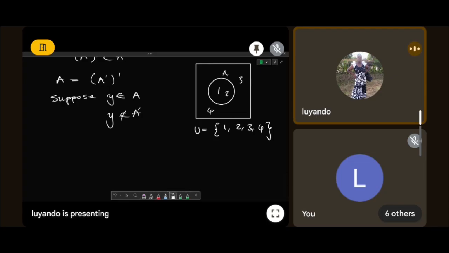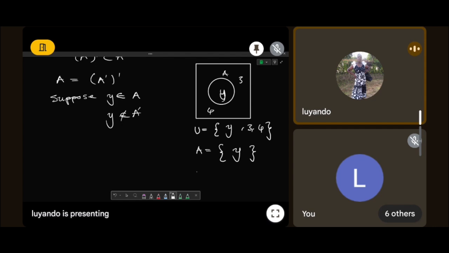We are saying that A has 1 and 2. Okay, no, let me replace 1 and 2 with y, just y, so that we follow along. So A is just y, and we're saying that if y is a member of A, it means that y is not in A complement.